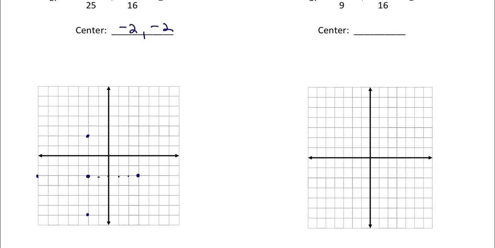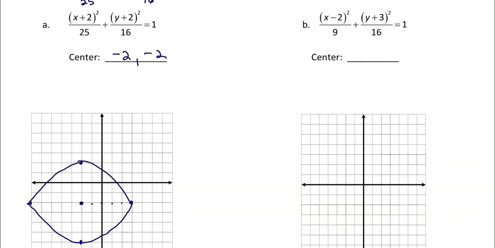Okay, so then let's see if we can get an ellipse. It's going to look like a stretched out circle. Okay, there you have it. So that's an approximation of what it should look like.